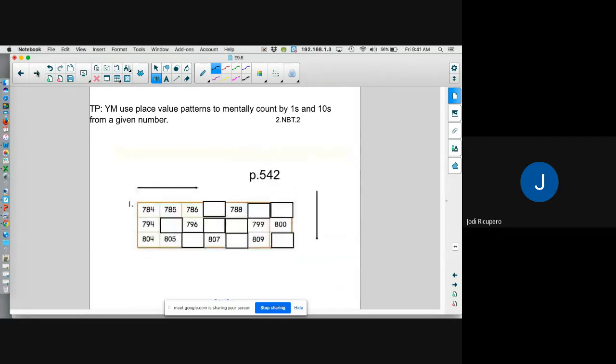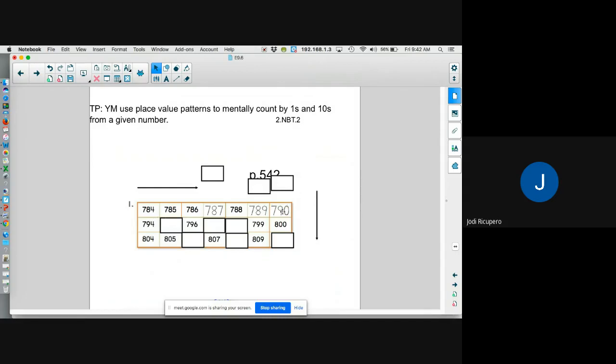Please turn to page 542. Look at problem number 1. So it went from 784, 785, 786. What's going to come next? 787, 788, then 789, 790.